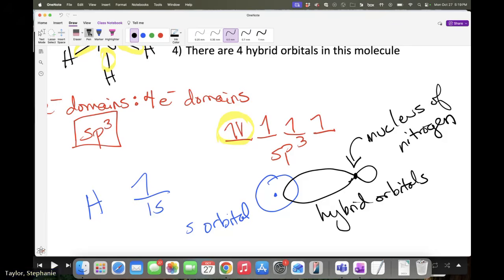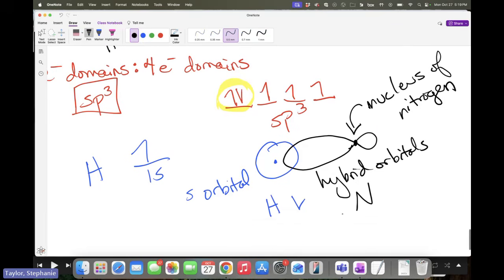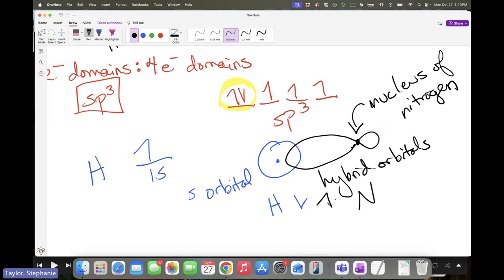So my nitrogen is over here, my hydrogen is over here. The little hydrogen electron is hanging out, but that nitrogen electron should be more likely to hang out close to the hydrogen as opposed to on this other side.